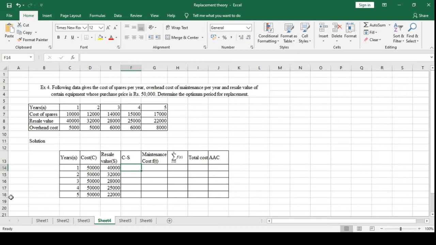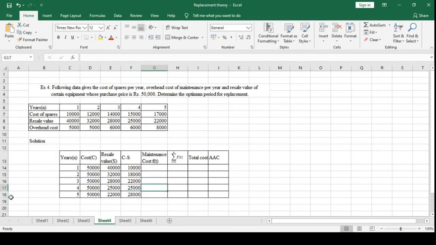So that is 50,000 minus 40,000, so for the first year it will be 10,000. For the next year 50,000 minus 32,000, so 18,000. 50,000 minus 28,000, so 22,000. For the fourth year 50,000 minus 25,000, that is 25,000. And for the last year 50,000 minus 22,000, so 28,000.